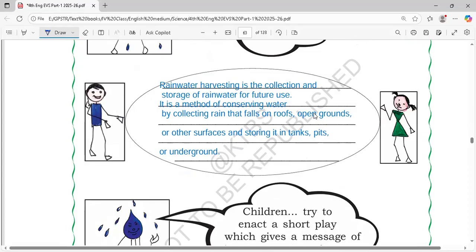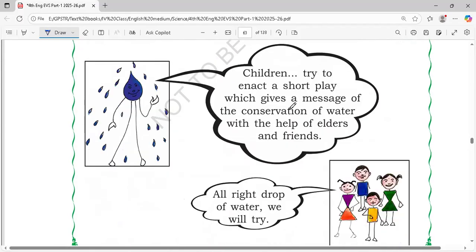Rainwater harvesting is the collection and storage of rainwater for future use. It is a method of conserving water by collecting rain that falls on roofs, open grounds, or other surfaces and storing it in tanks, pits, or underground. This is called rainwater harvesting.